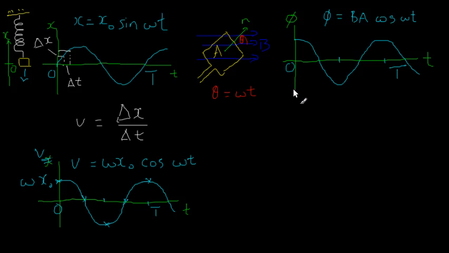Now the question is, what would the voltage graph look like? As the flux linking the coil changes, a voltage would be induced.